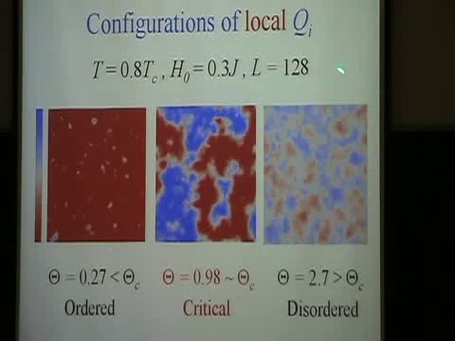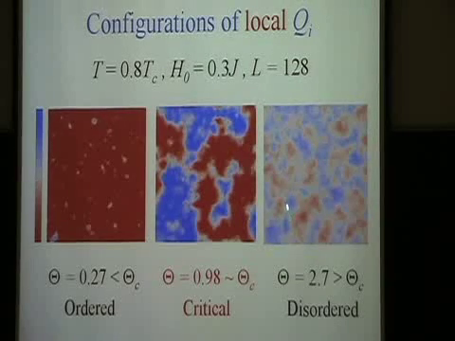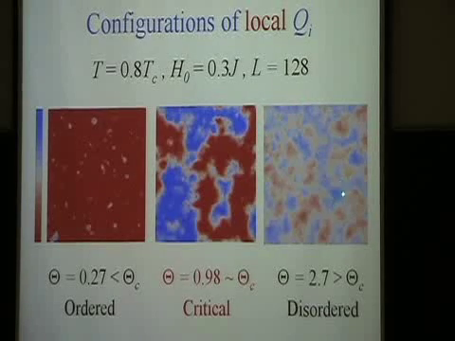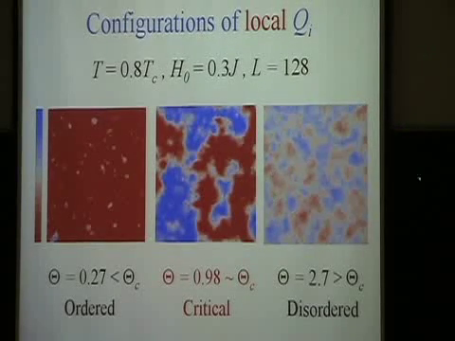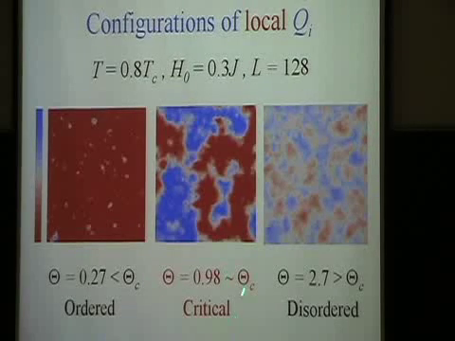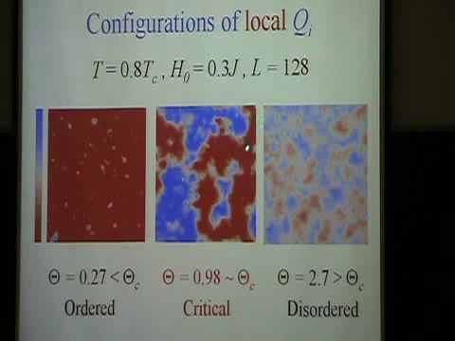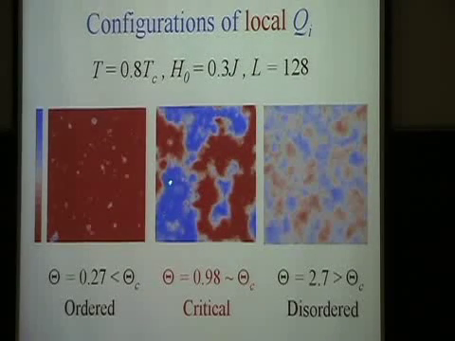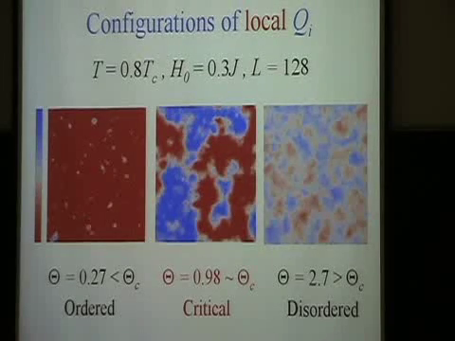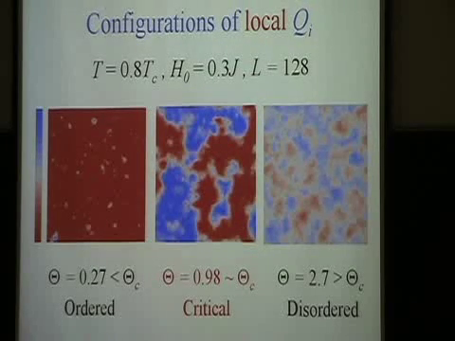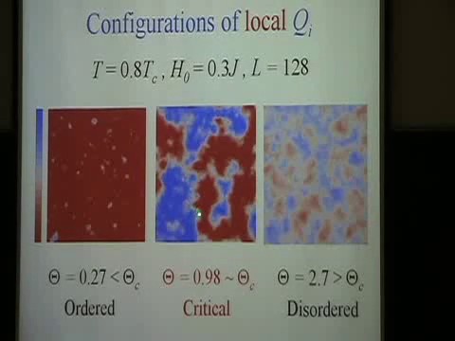At the disordered phase, we have this sort of disordered pattern of order parameters that are relatively close to zero. There are some areas that are positive, some areas that are negative, and they'll sort of switch around. At the critical point, I see these large shifting clusters where the order parameter is relatively close to one or the other of the equilibrium order parameters, and then some rather wide interfaces in between.